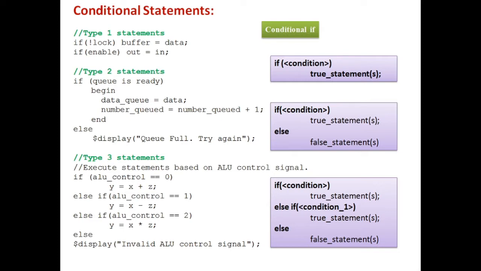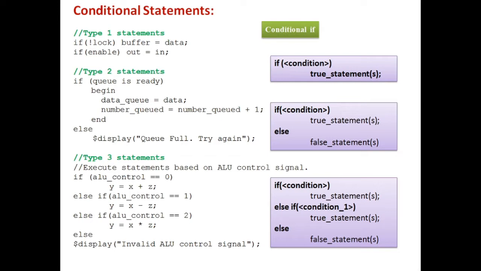Coming to the type 1 statement, we don't find an else condition. That means we can see only the if statement, that is a conditional statement. So whenever that condition is satisfied, the statement following the if condition will get executed.